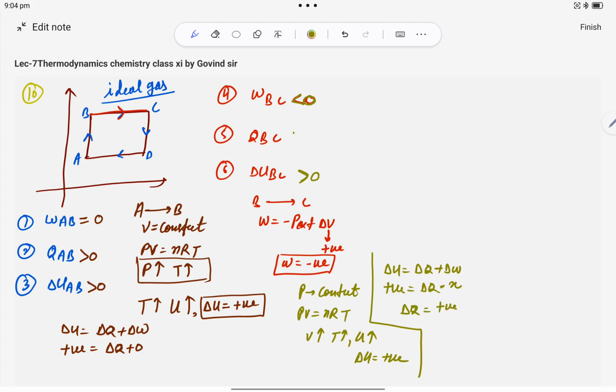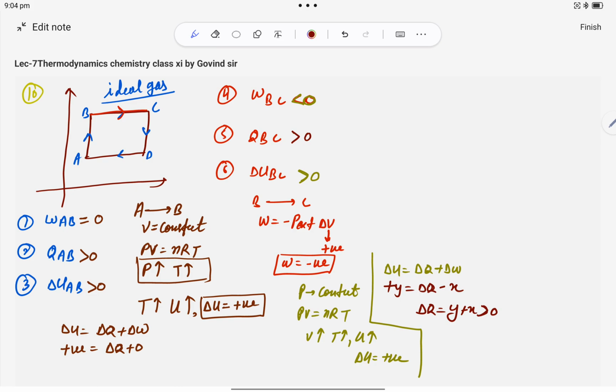Positive, make it Y. Assume it Y. Sorry, work is negative, so it will be minus X. So delta Q is equal to Y plus X. So it is also definitely greater than 0. So here also greater than 0.